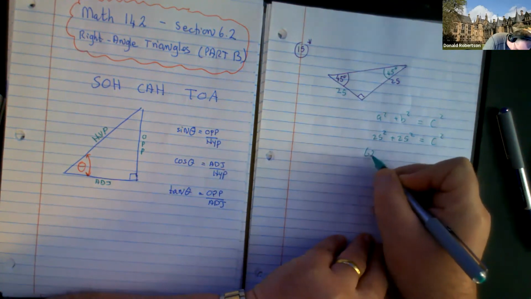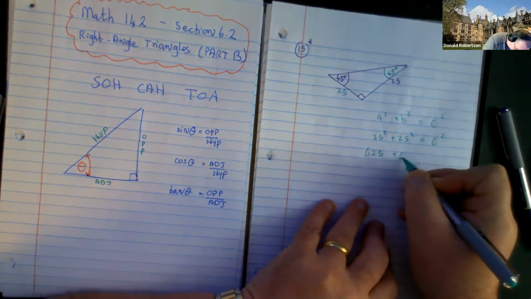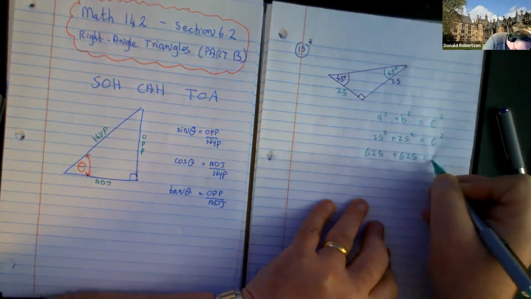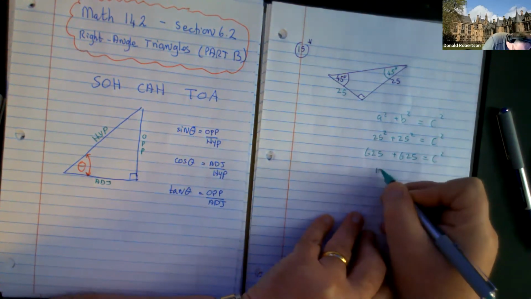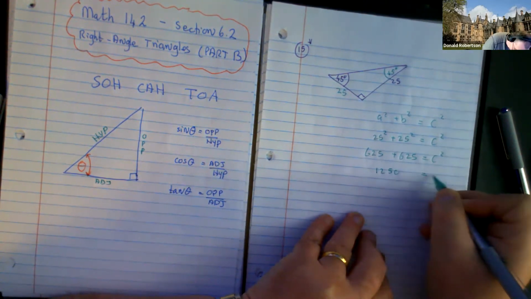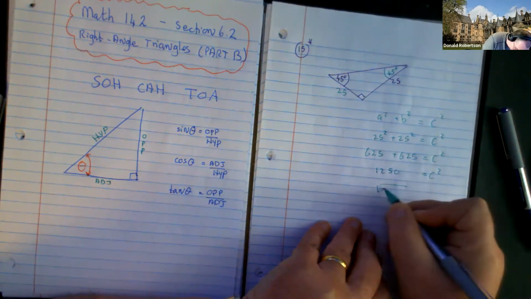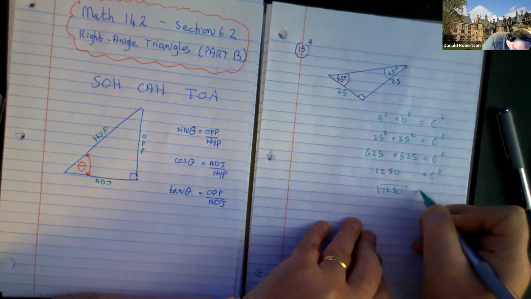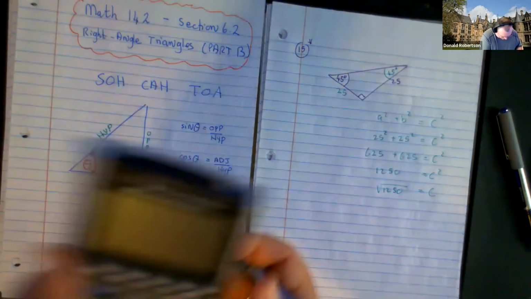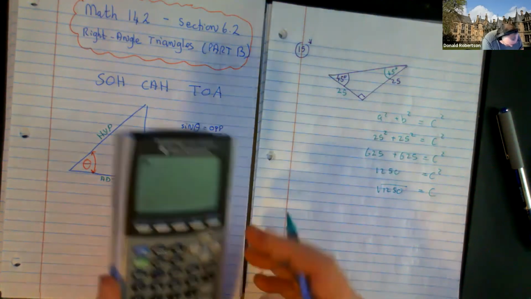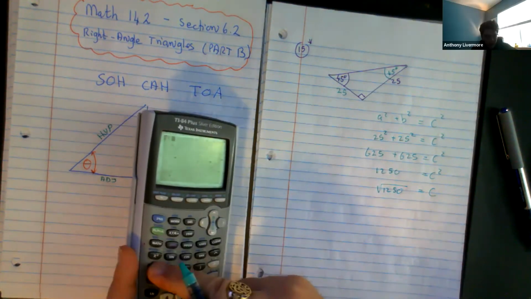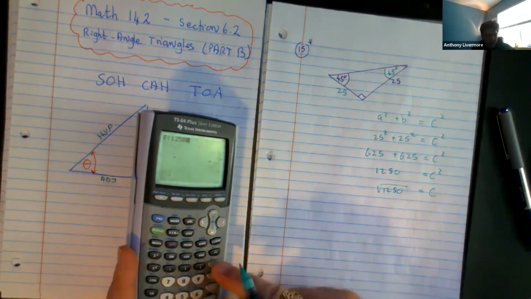That's 625 plus 625 again. That's 1250. And so the hypotenuse is the square root of 1250 into 2 decimal places. We'll have our answer. 35.36. Looks good to me.